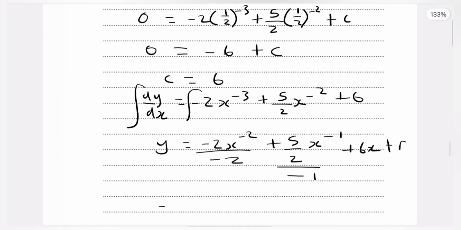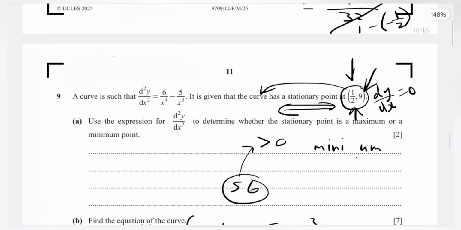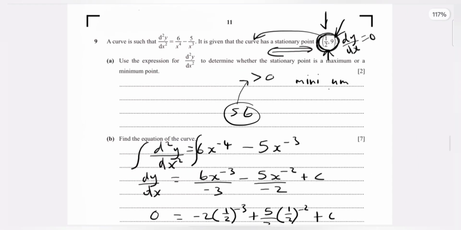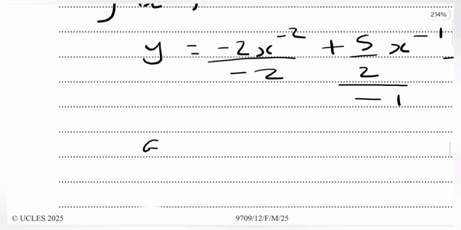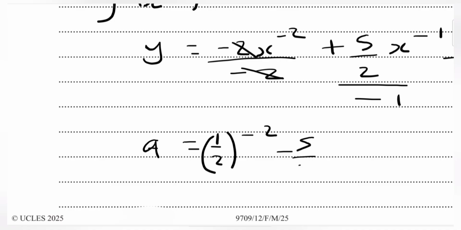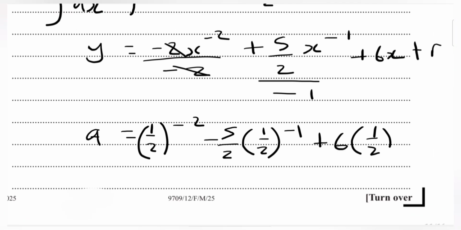And to get this last constant, we are going to use this point, right? We know that it's a point on the curve. So when x is half, y is 9, right? So y is 9 when x is half. So this will cancel out. Then we say half, then minus 5 over 2 half minus 1 plus 6 half plus r.